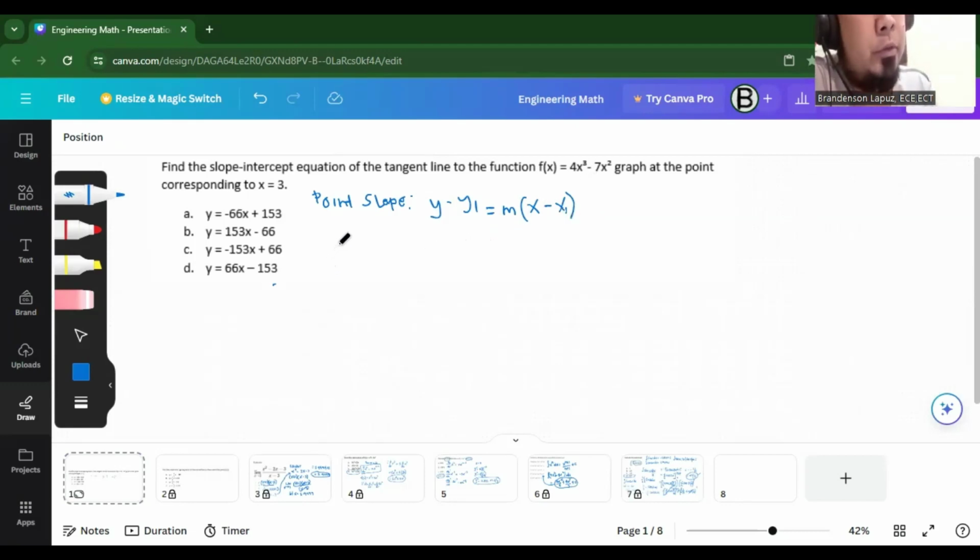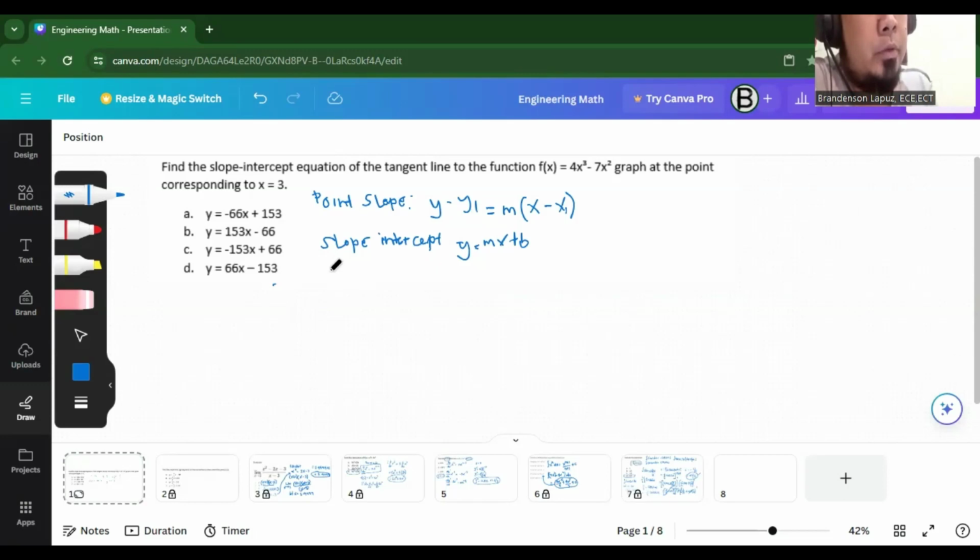And for the slope-intercept, you have y is equal to mx plus b.